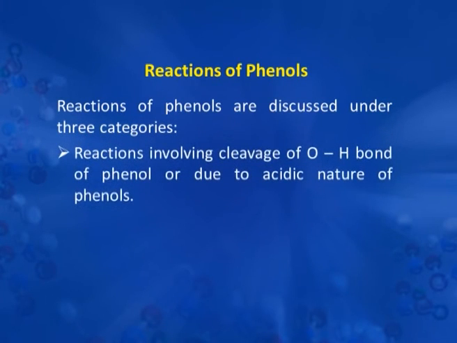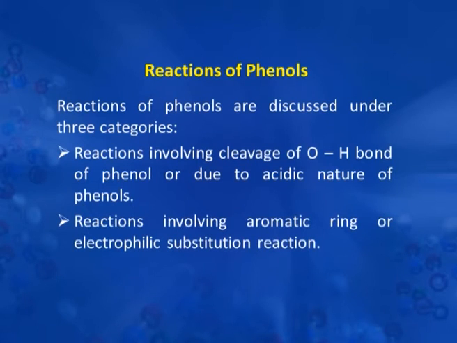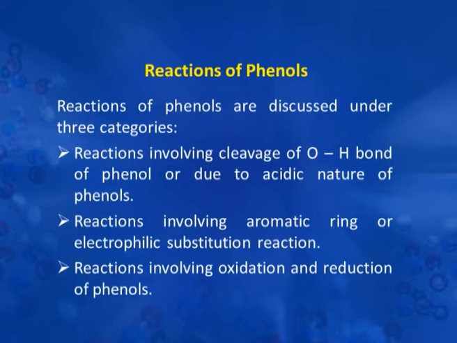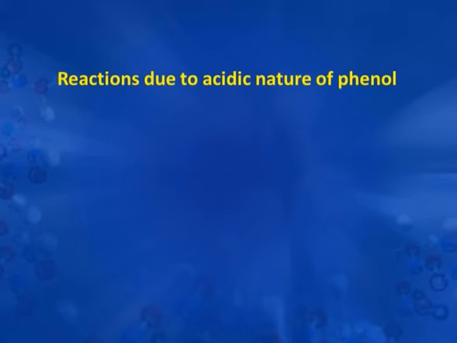In the first category, we are going to discuss the reaction where the oxygen-hydrogen bond breaks, and these properties of phenol are due to the acidic nature of phenol. Then the second category of reaction is the one in which phenol shows electrophilic substitution reaction, and then the third category of reaction shown by phenol is the oxidation and reduction of phenol molecules.